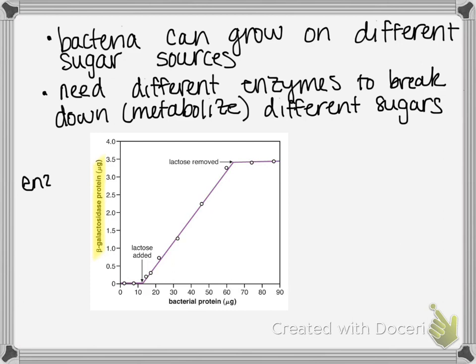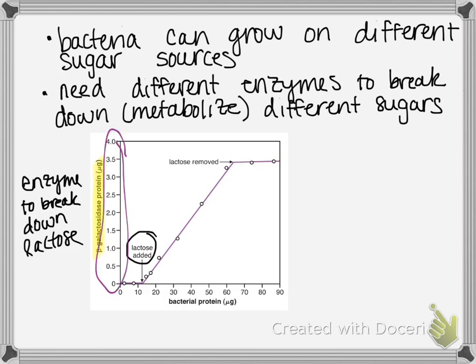And so we can see in this graph here, people have found that in E. coli, there was an enzyme called beta-galactosidase. The "ase" means it's a protein, and it basically breaks down the beta-gal linkage of the sugar lactose. In this graph, the y-axis is showing us how much of that protein is there.